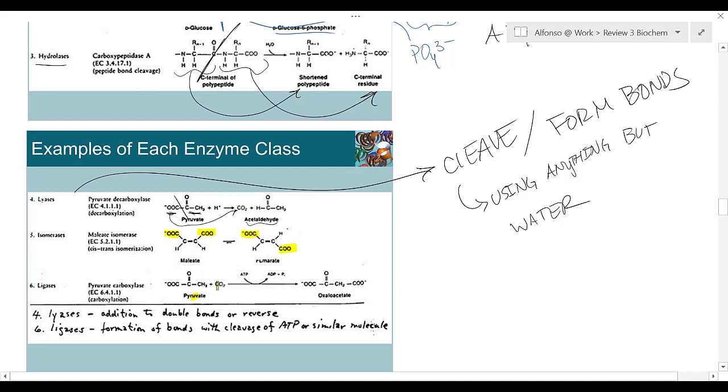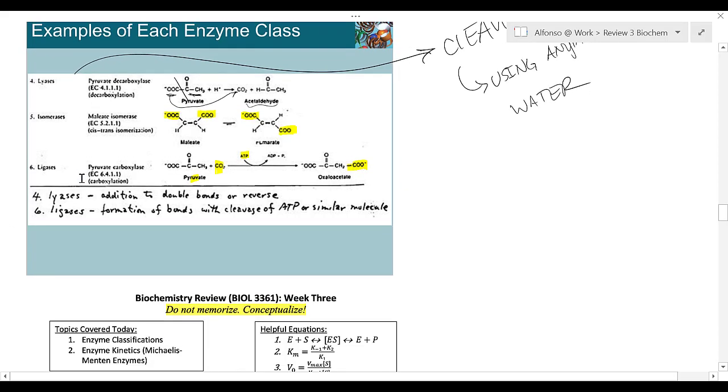This enzyme, pyruvate carboxylase, which is a ligase, is going to put pyruvate and CO2 together, forming oxaloacetate. And this CO2 is this CO2 right there. And it does it using ATP. All right, I think this is good enough for now. So let's begin.